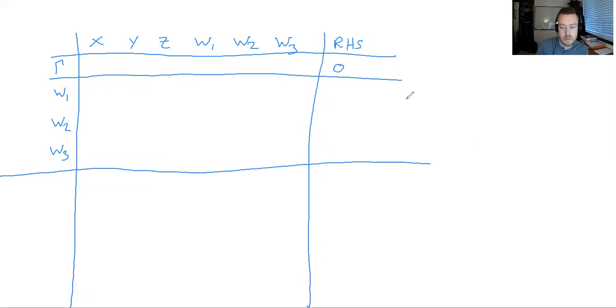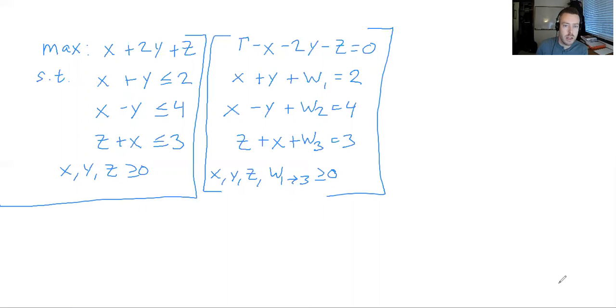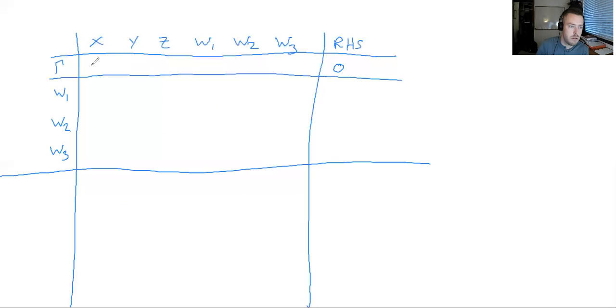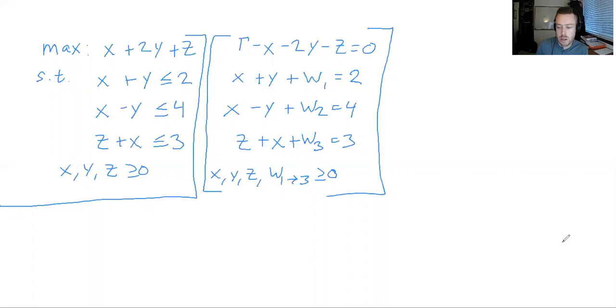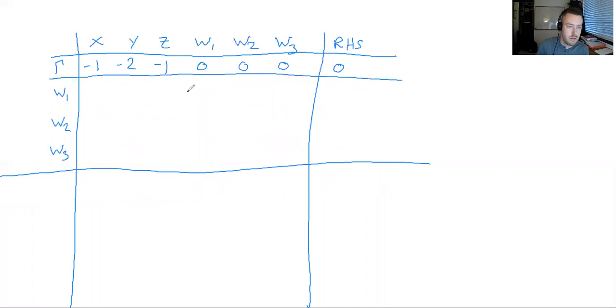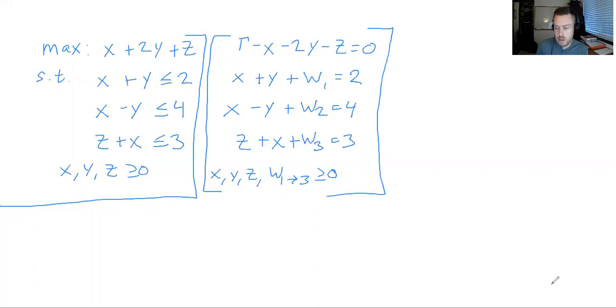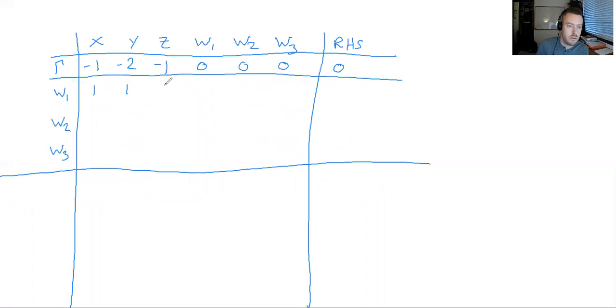Remember gamma equals 0. Let's go back here. We got negative x, negative 2y, negative z, so negative 1, negative 2, negative 1, and 0 for the slack variables in our objective function. For the first constraint, we had 1, 1, 0 for z, 1, 0, 0, and there's a 2 on the right-hand side.